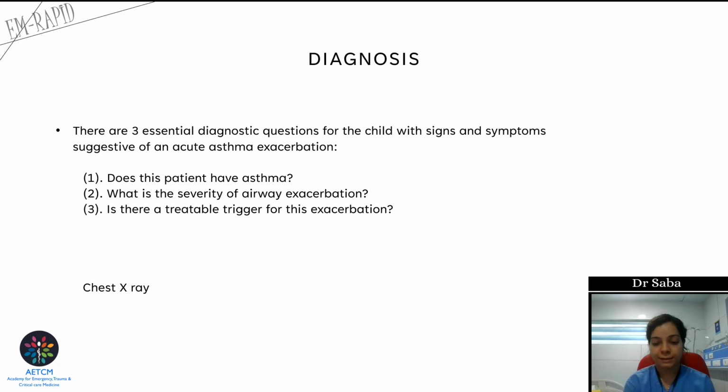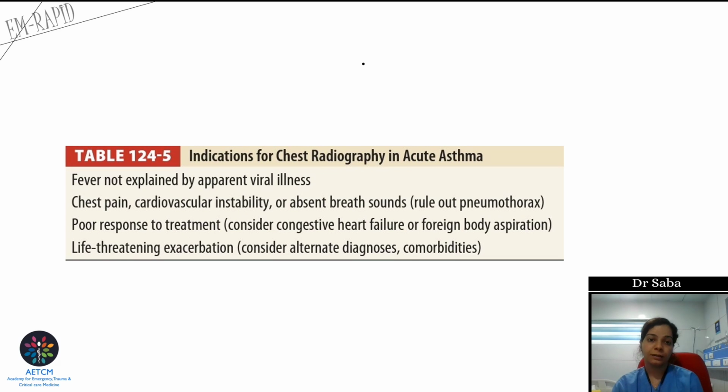Chest X-ray is, again, like I mentioned, not routinely advised in pediatric asthma cases, but these would be the indications for chest radiography in acute asthma. One, if fever is not explained by apparent viral illness, or if there's chest pain, cardiovascular instability, or if there are absent breath sounds, and that is only to rule out pneumothorax, because asthma is notorious for causing pneumothorax.